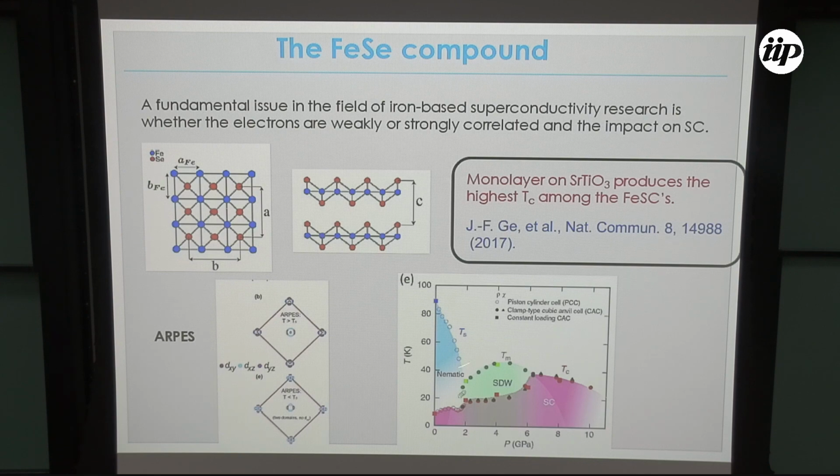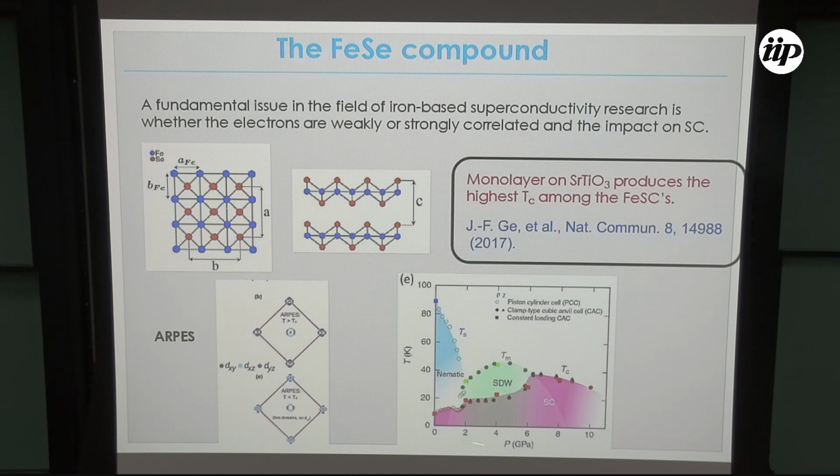So this is the phase diagram of the material. This is temperature versus pressure. At zero applied pressure, one sees at around 90 Kelvin a tetragonal to orthorhombic transition here, and this is of course the nematic phase. And at very low temperatures, around 8 Kelvin, this is superconducting.